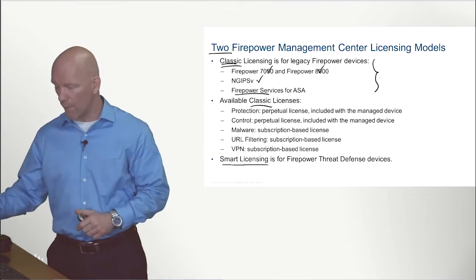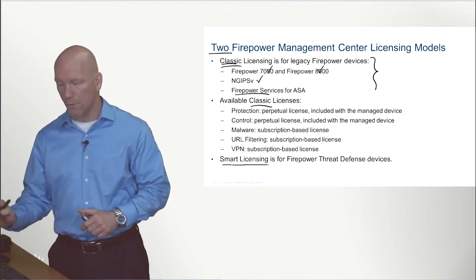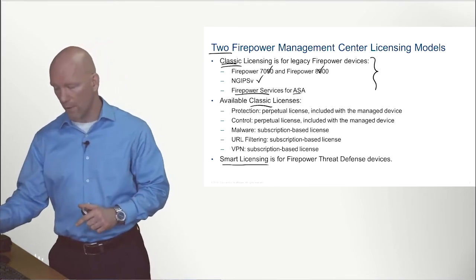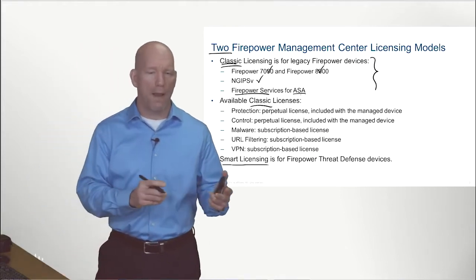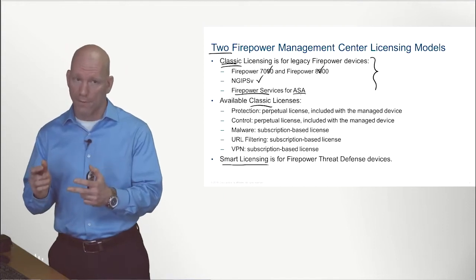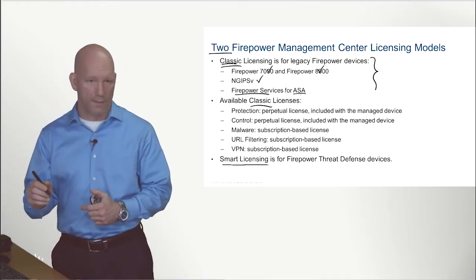That's why we want to make sure it's very clear why we bundle these into a classic approach, so you don't get confused a little bit later when you hear us talking about the ASA a couple of different times, and sometimes firepower with threat defense or just firepower services. So understand that there is a difference.